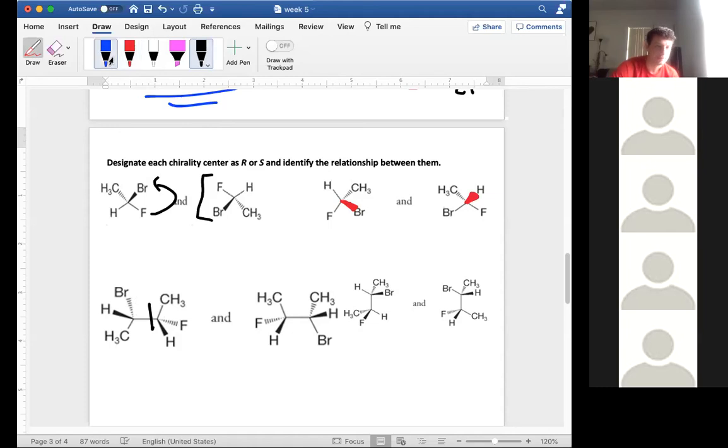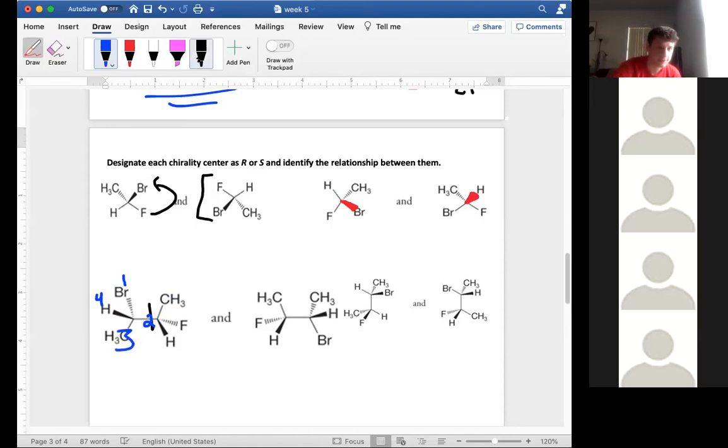On the left side, what's your first priority? You have your Br. What's your lowest? Your H. And what's your second? Right here, you have a C that's bonded to hydrogens, and here you have a C that's bonded to all this other stuff. What's higher? This, right? And here you have your third.